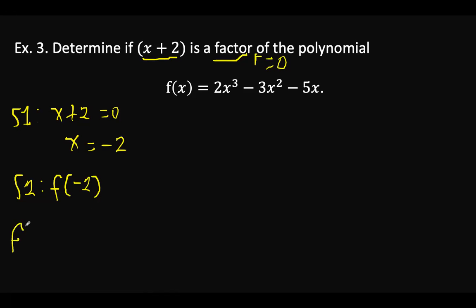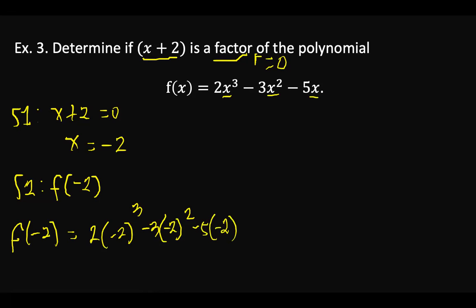So, magiging siyang f of negative 2. Ano ba yung f natin? Ito. So, substitute natin yung negative 2 sa lahat ng x's ni f. Okay, so magiging siyang 2 times negative 2 raised to 3 minus 3 times 2 raised to 2, minus 5 times negative 2.